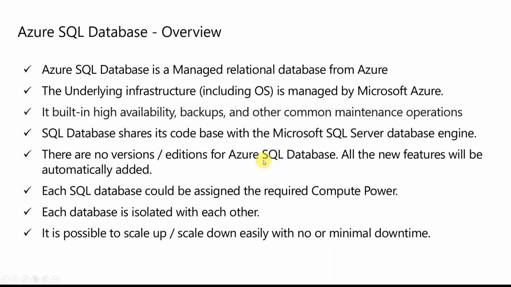All the features are automatically added. This is also another advantage over on-prem. If you install, let's say today 2022 might be the latest version, that's it. Tomorrow when SQL Server 2024 is released with new features, then you have to upgrade. In on-prem, it's a lot of work. We have done upgrades.